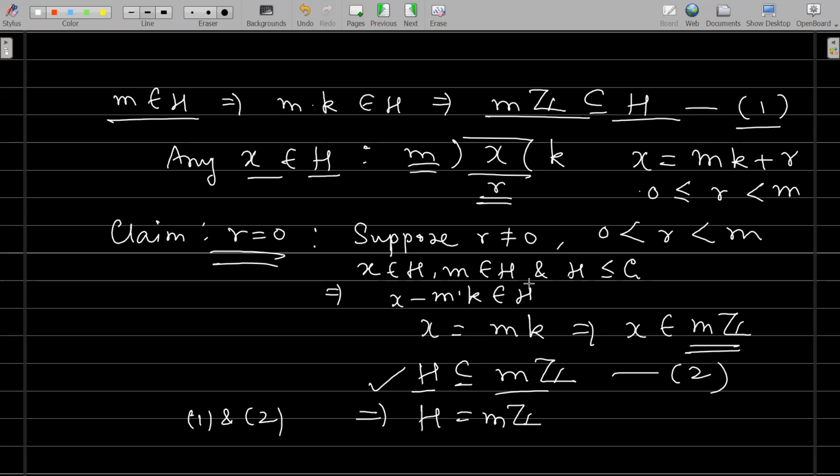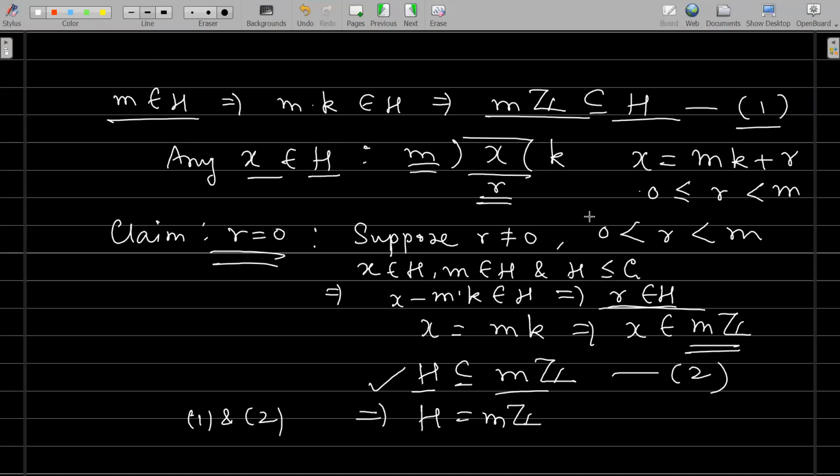What is a subgroup? It is itself a group, which means it is closed under the operation. You take two elements, their inverse, their addition, subtraction, everything will again belong to H. But if X minus MK belongs to H, that implies R belongs to H.